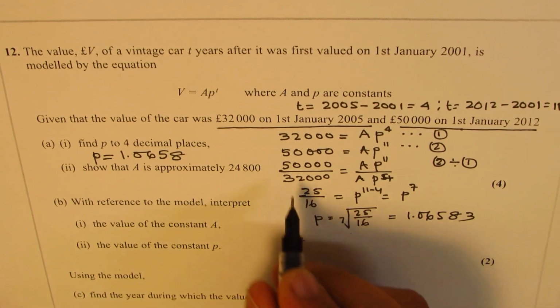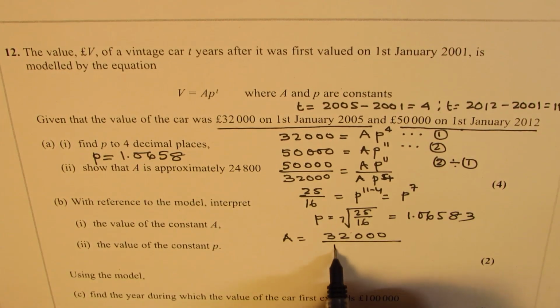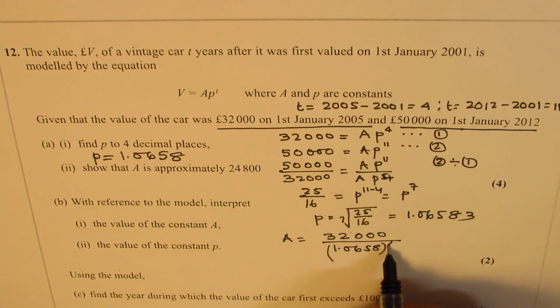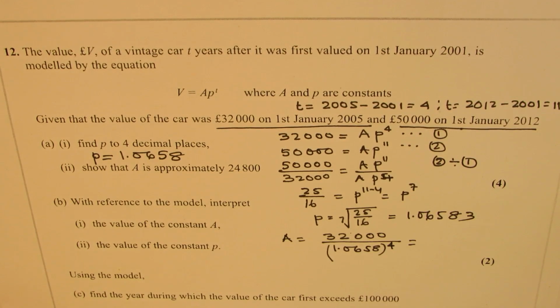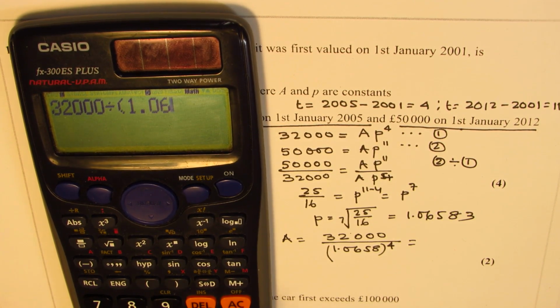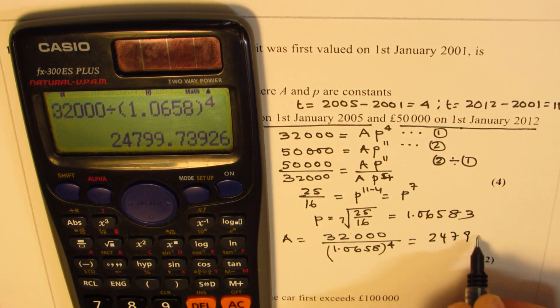A is equal to 32,000 divided by 1.0658 to the power of 4, which is 24,799.